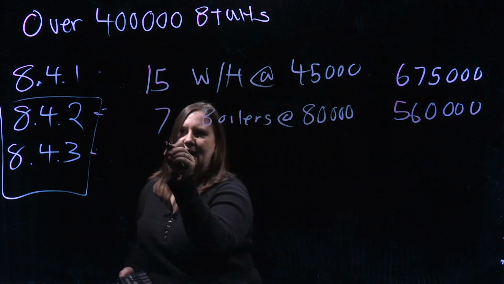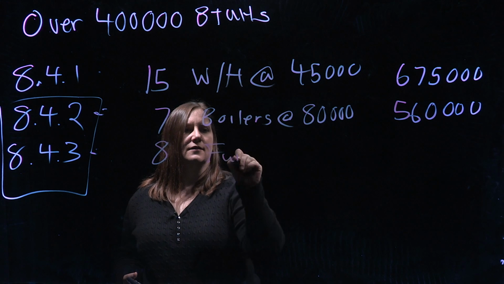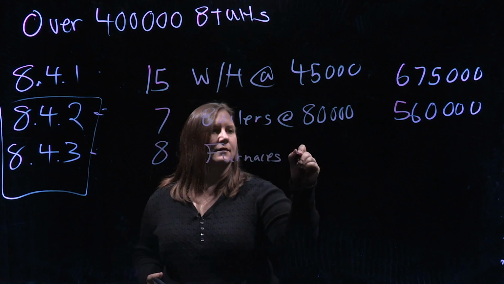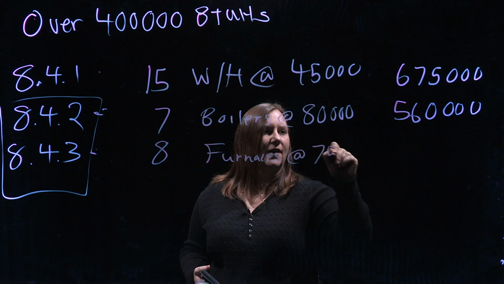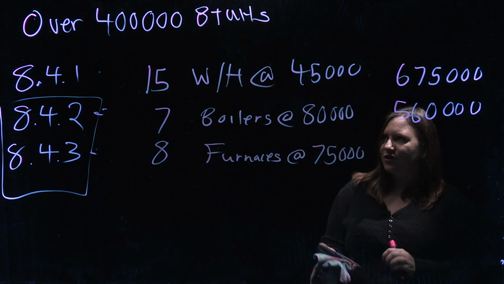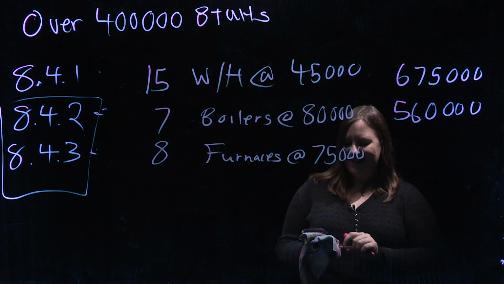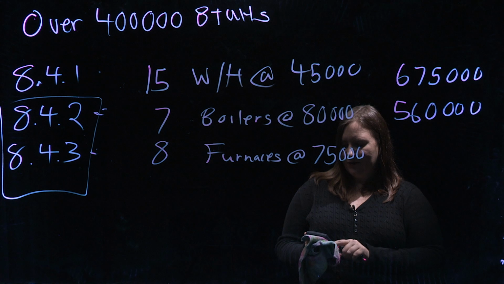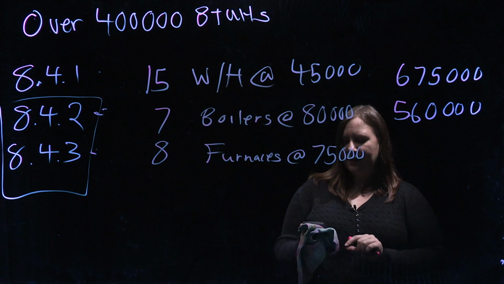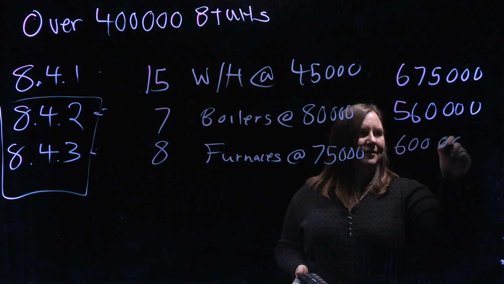We also have 8 furnaces at 75,000 BTUs each. So this structure has 15 water heaters, it's got 7 boilers, and it has 8 furnaces. So with the 8 furnaces at 75,000 BTUs, that's 600,000.